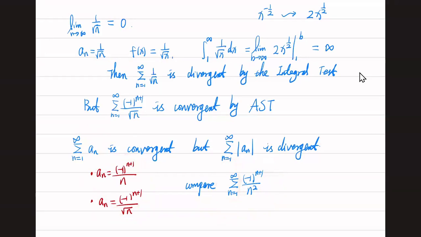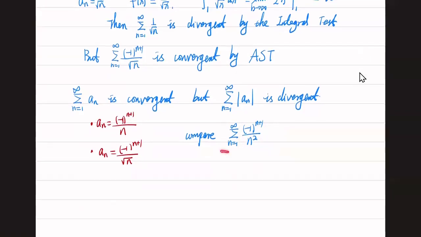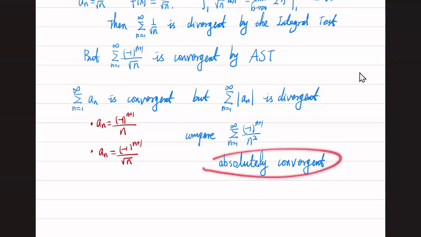So this one, we will call it absolutely convergent, because if we take absolute value, it's still convergent. A new term. Okay, so it means if we take the absolute value of this series, it's still convergent.